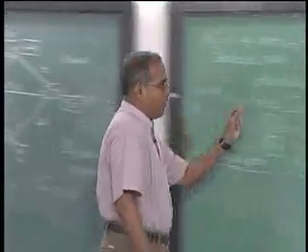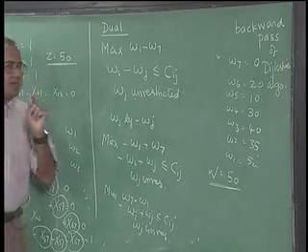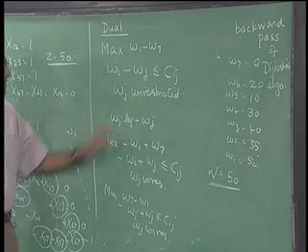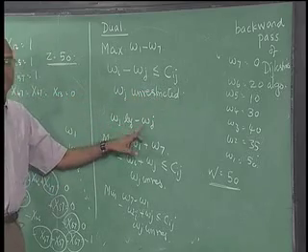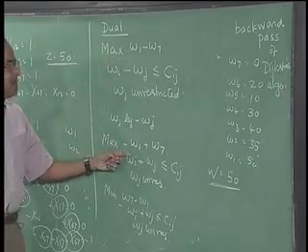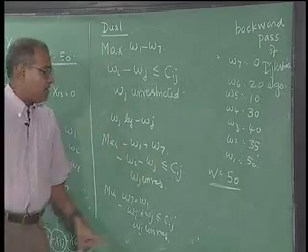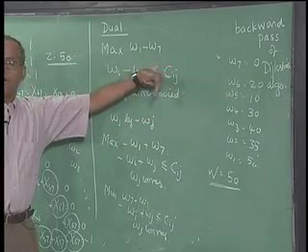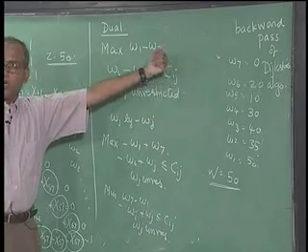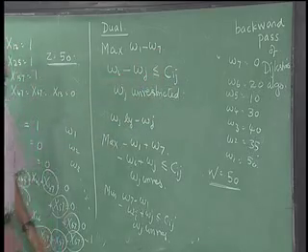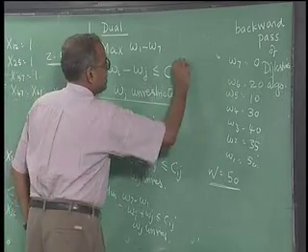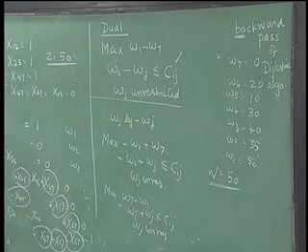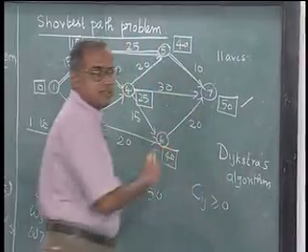The nice trick lies in the fact that because Wj is unrestricted, we can simply replace Wj by minus Wj and yet retain it, so that starting now with W7 equal to 0 would actually give us the forward pass of the Dijkstra's algorithm. The way we actually did it here, we did the backward pass of the algorithm, whereas in this place we did the forward pass of the algorithm.